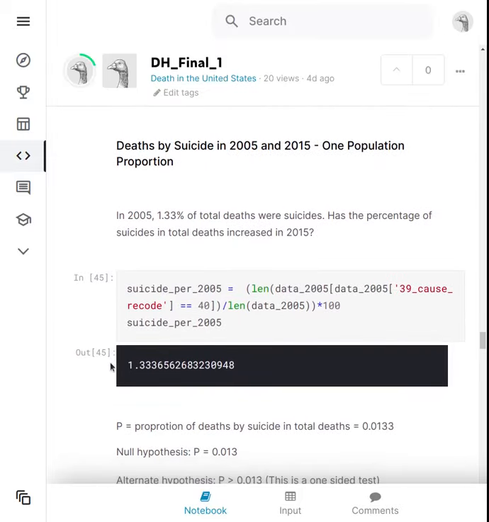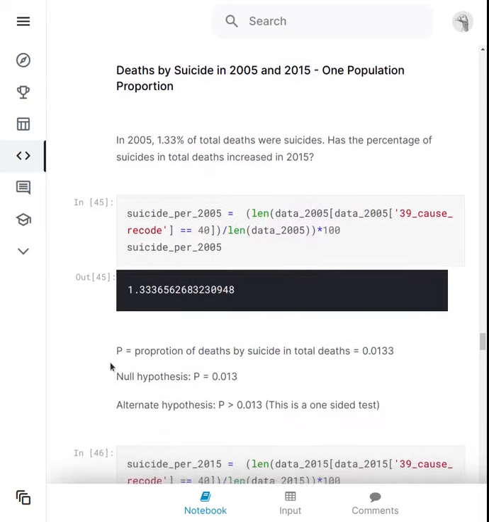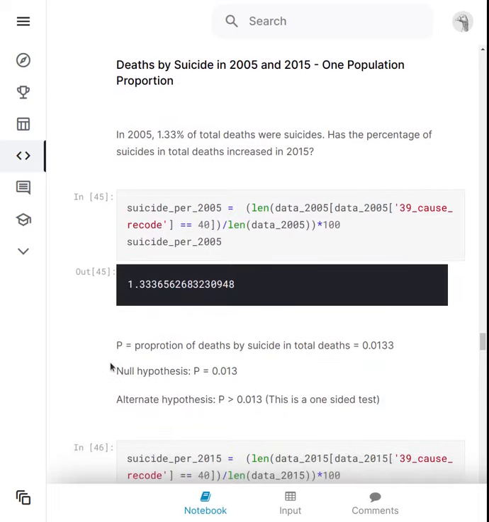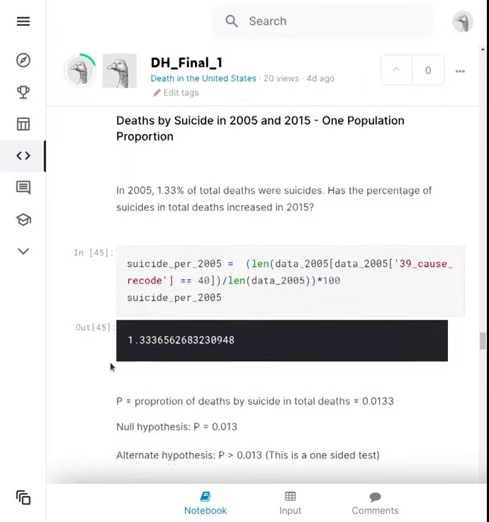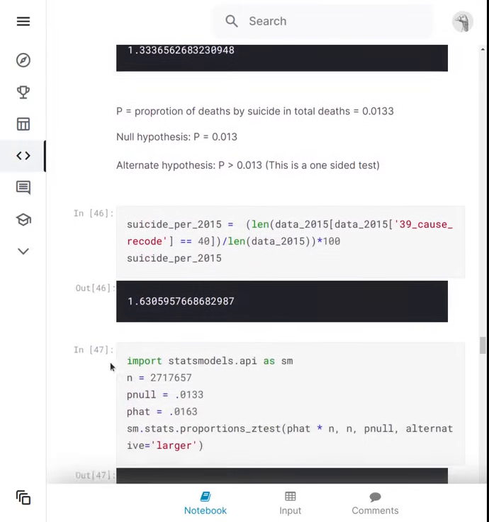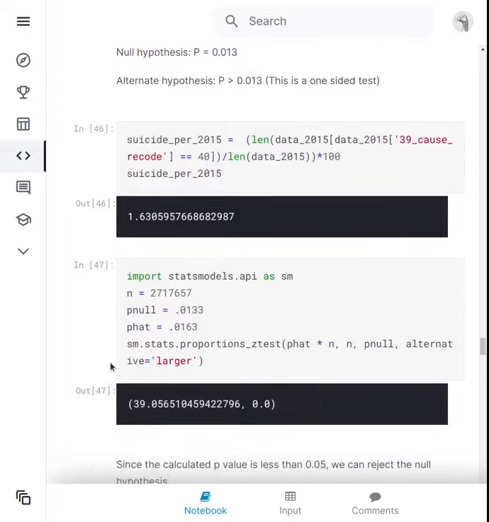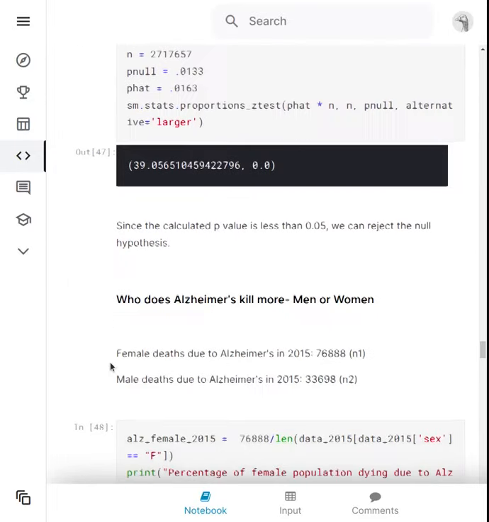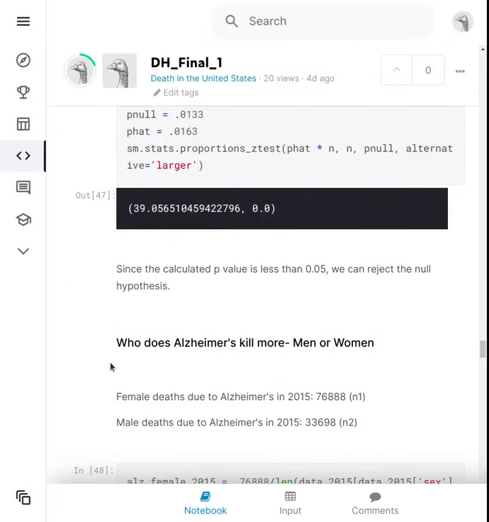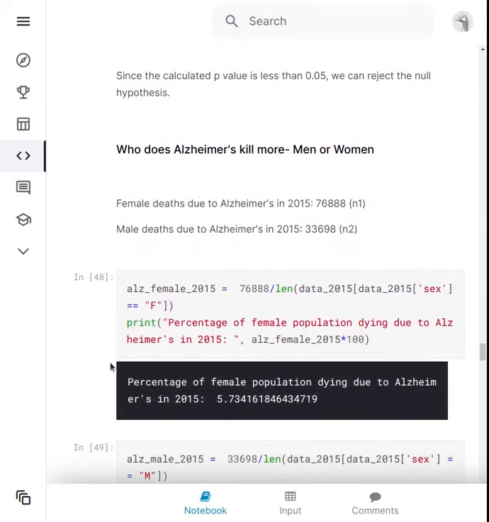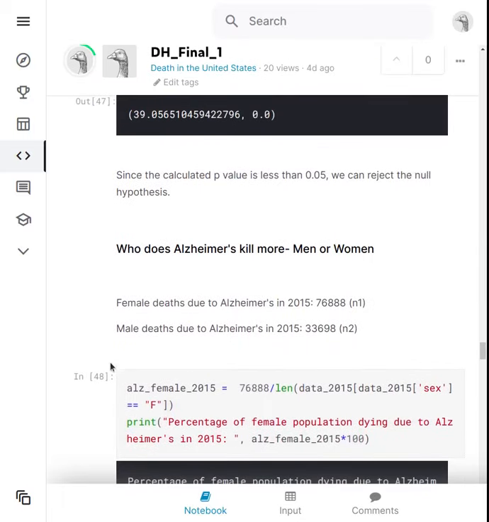But in 2015 it has increased to 1.63%. So therefore it has definitely increased in 2015 when compared to 2005.